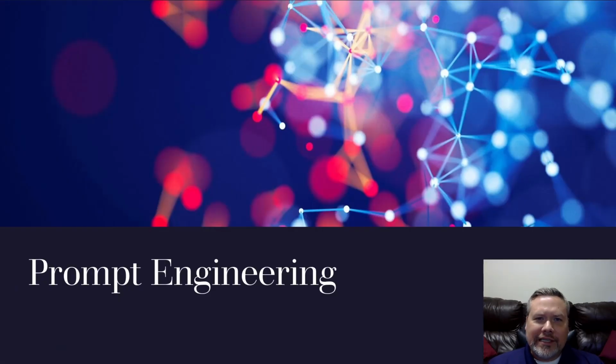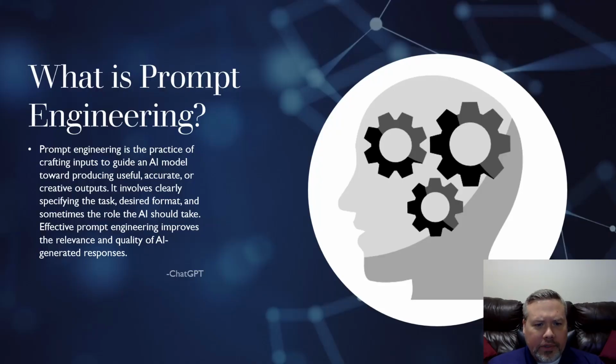So let's get into the subject of prompt engineering. I asked ChatGPT for a quick definition, and it gave this definition. It says it's the practice of crafting inputs to guide an AI model. What you're looking for is useful, accurate, and creative outputs from the AI that basically answers your question.